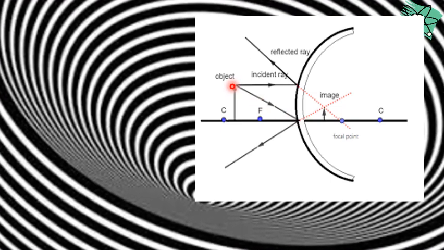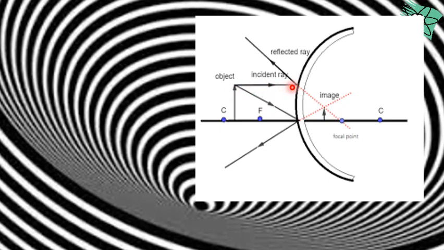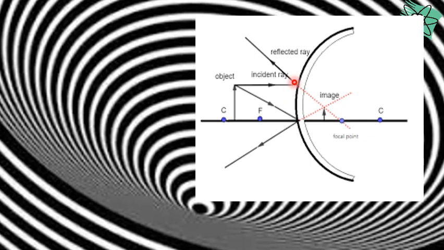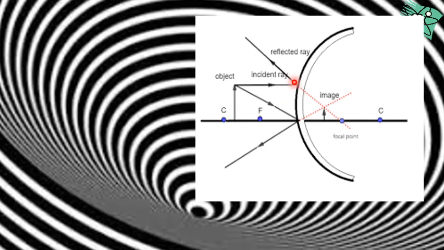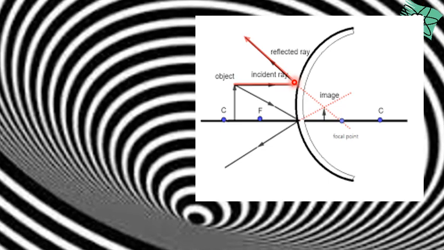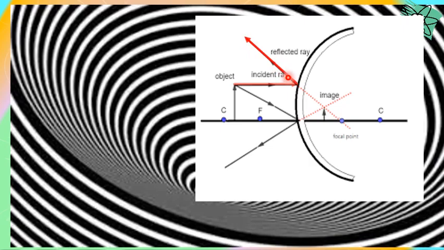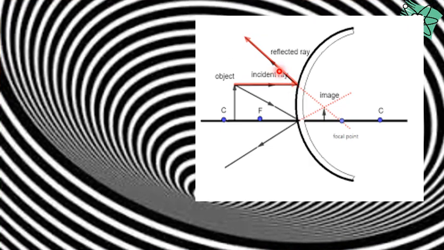So what's going to happen to this parallel incident ray when it hits the surface of the convex mirror? It's going to be reflected along that direction.